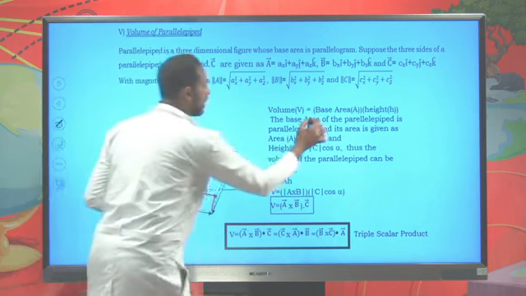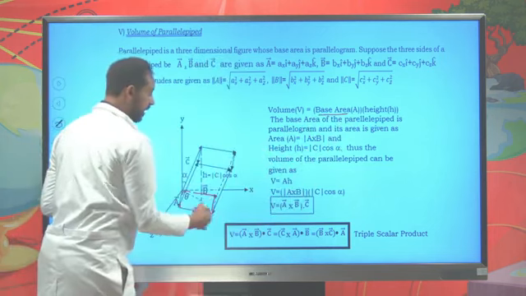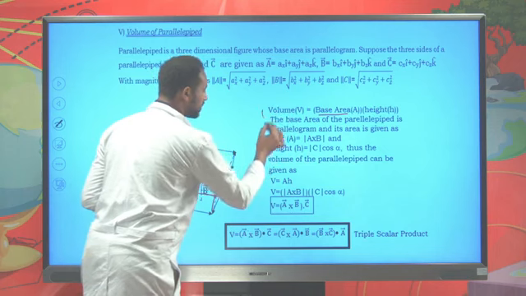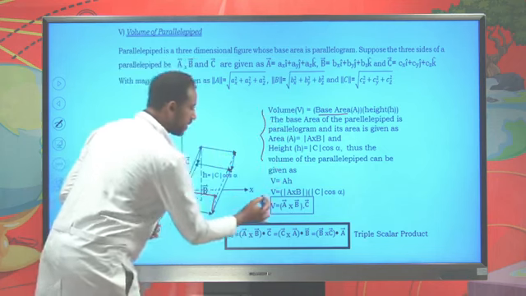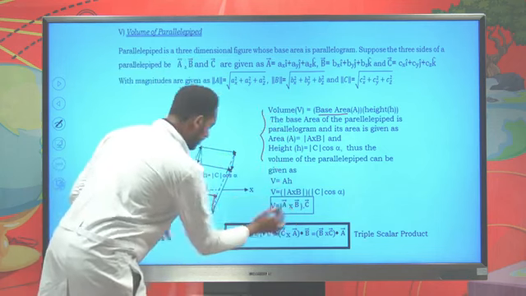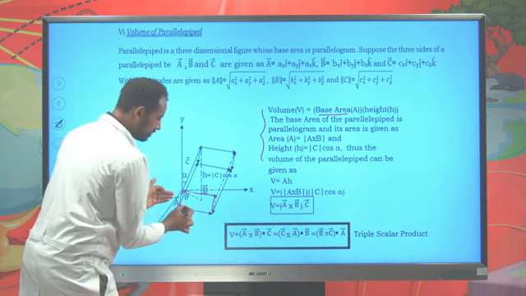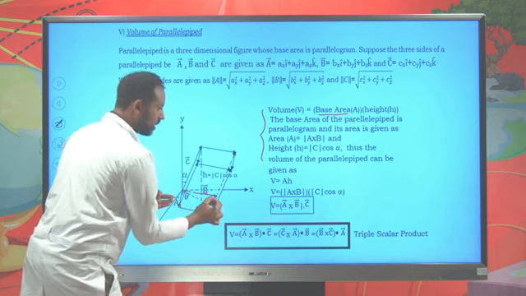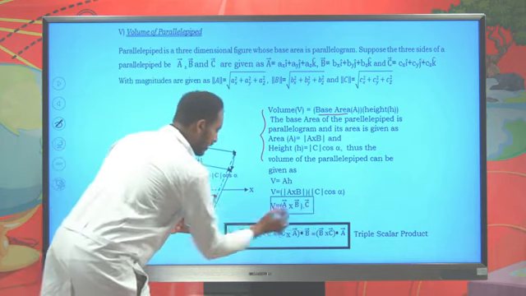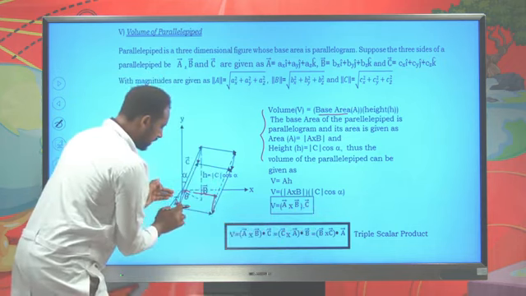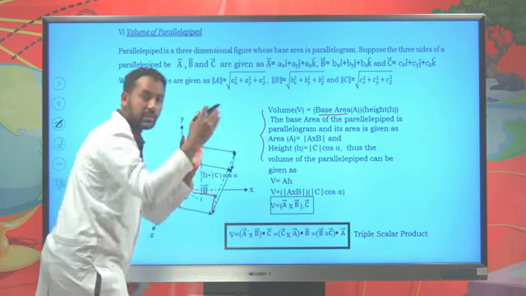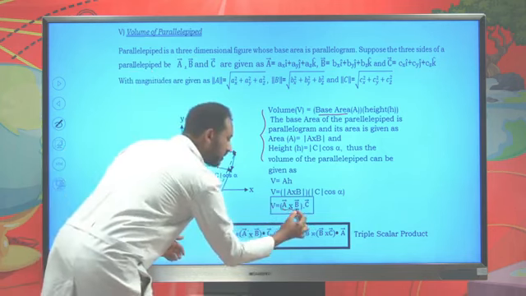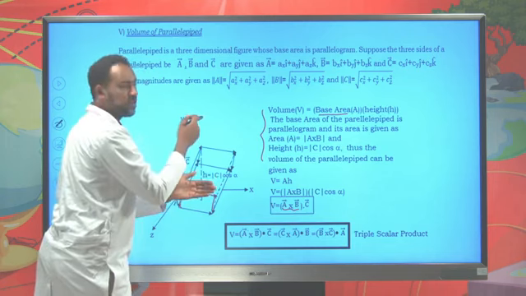Therefore, volume is base area times height, and it's possible to use a mathematical approach for that. One side is given as A, the other side can be B, dotted with C. Therefore, you have to find A cross B. Whenever you determine A cross B, you are determining the area of a parallelogram.